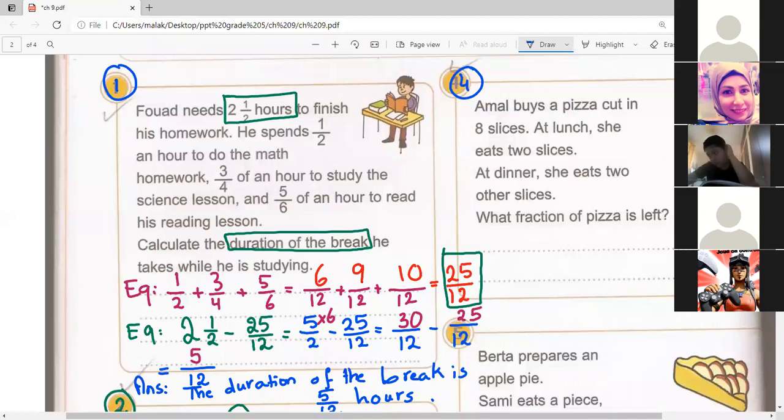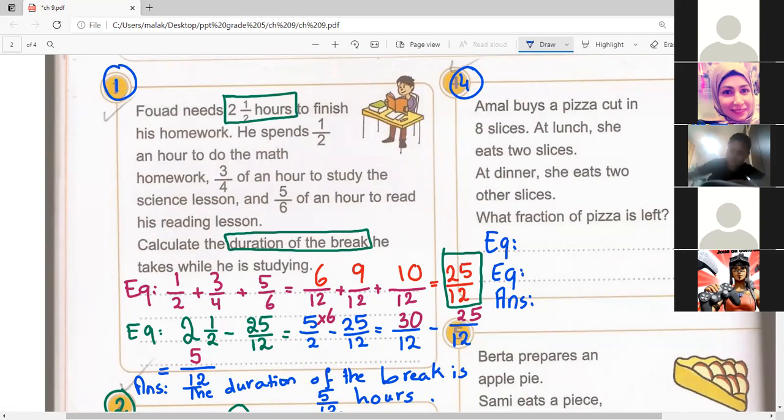How do we write the fraction that represents the pieces that are left by Amal? 4 out of 8. The total equals 8. According to the figure, we know that the fraction is 4 out of 8.